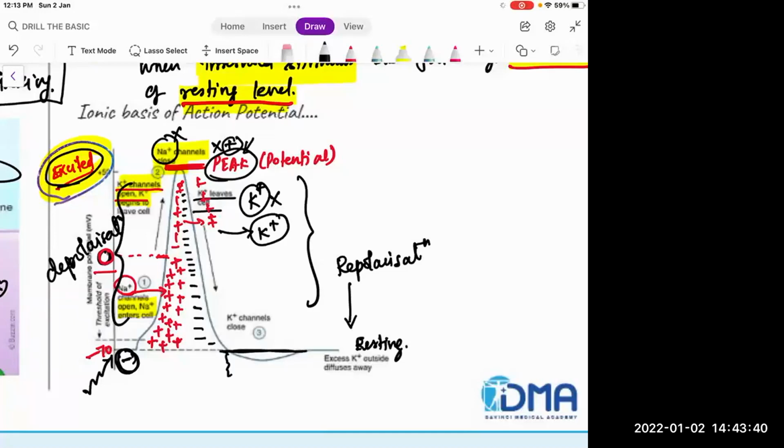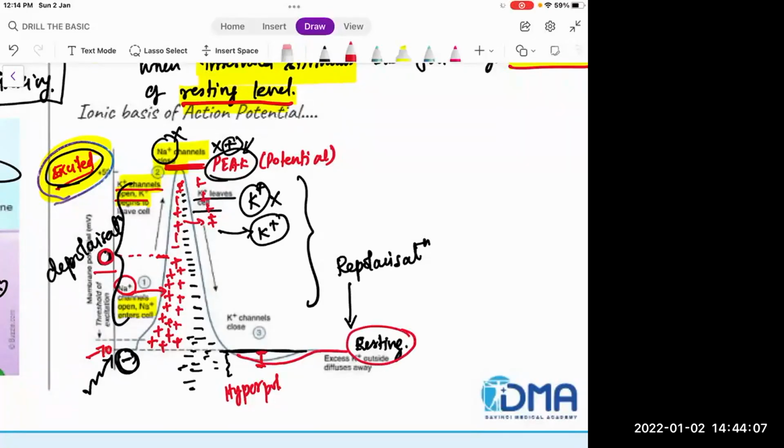During the exit of the positive ions, it will also remove more and more positive ions. Okay, so that makes more negativity, and that part is called hyperpolarized, but that is only for a short time. Then it will restore back to the resting level.